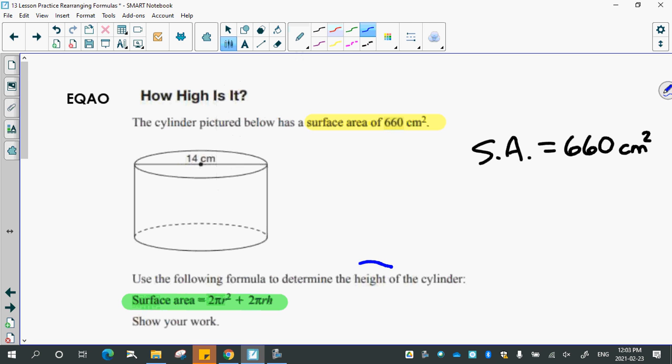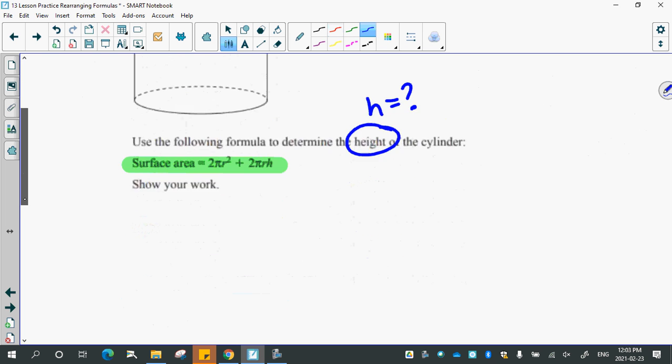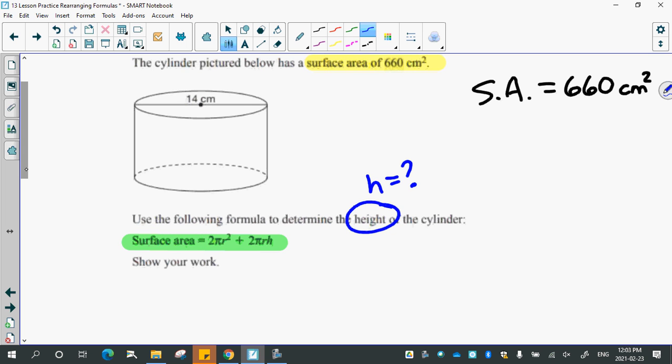So height is what we want to find. Now the diagram gives us a piece of information. So if I'm looking at my formula, I'm going to rewrite it to the side here. Instead of S for surface area, I'm just going to write SA equals 2 pi r squared plus 2 pi rh.